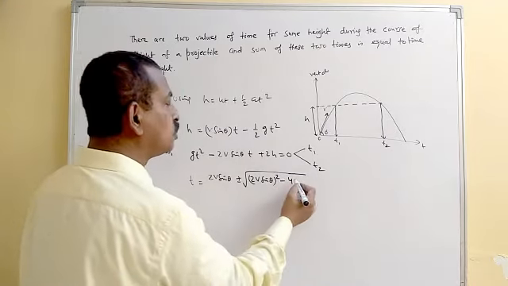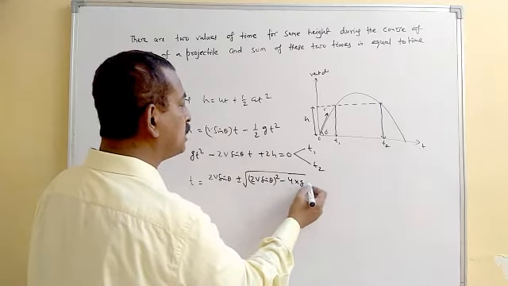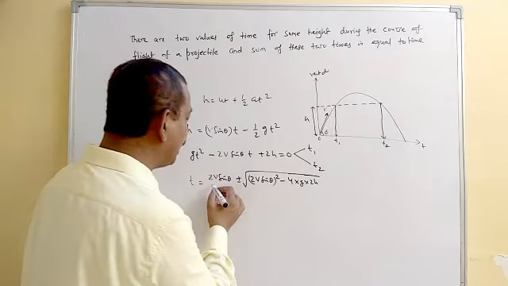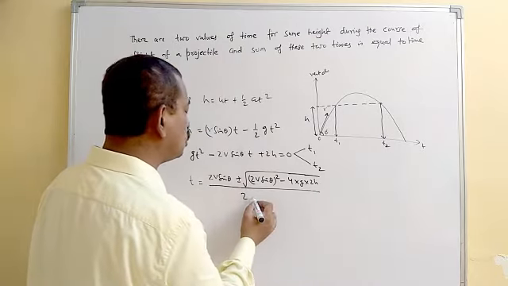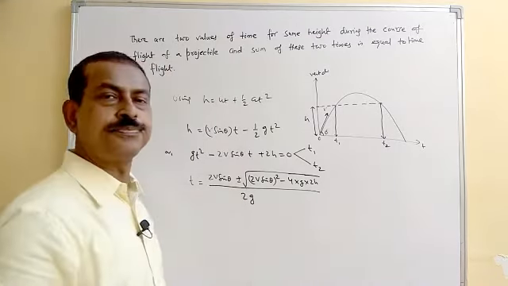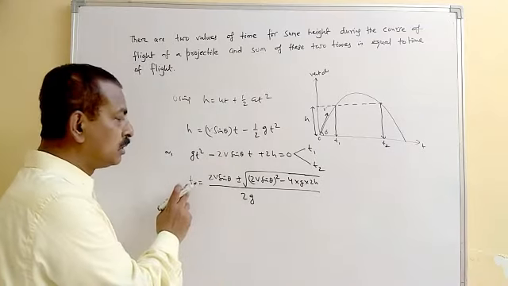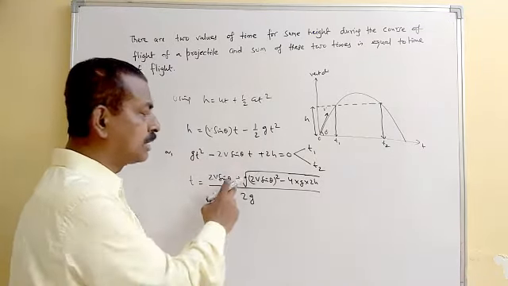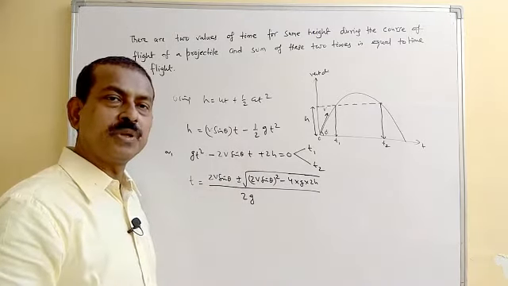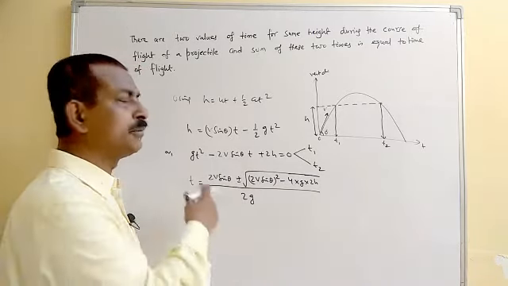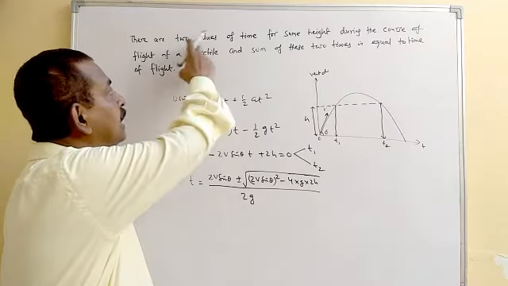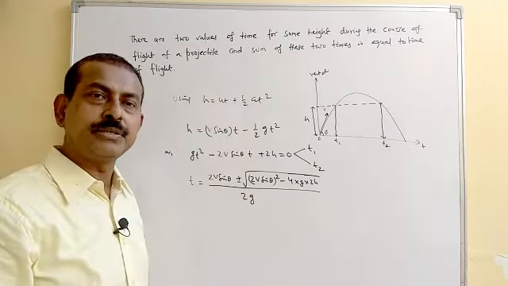It is 4 into g into 2h, divided by 2a, so it is 2 into g. So that will give you the two values of time. In one case you take t plus, in the other case you take t minus. So you will get the two values of time, t1 and t2. That way you can show that there are two values of time for same height.